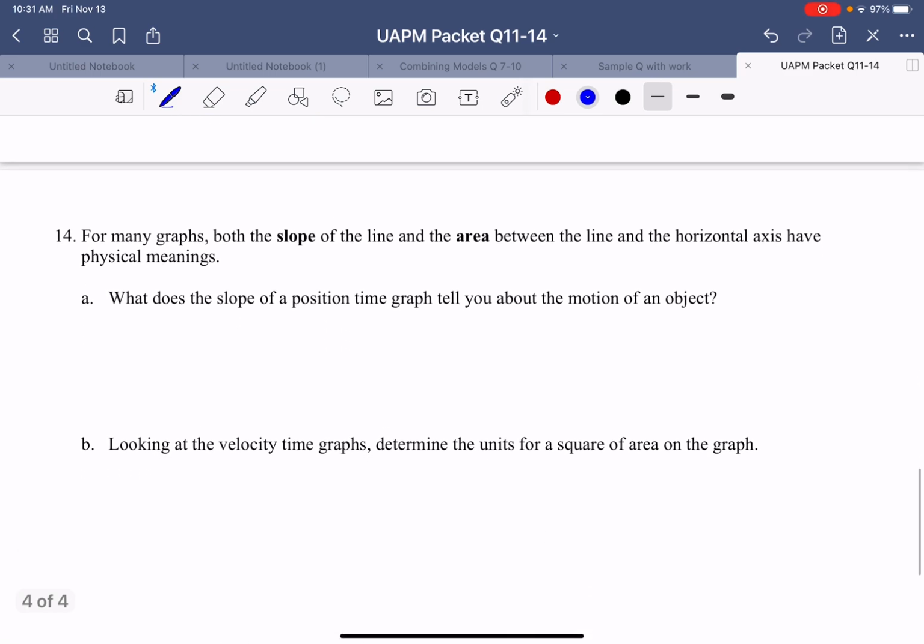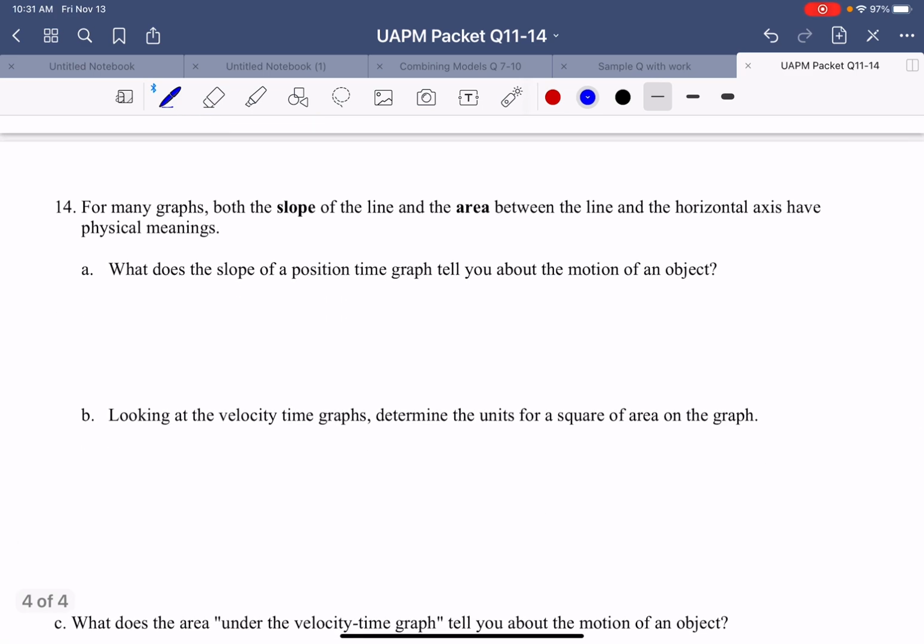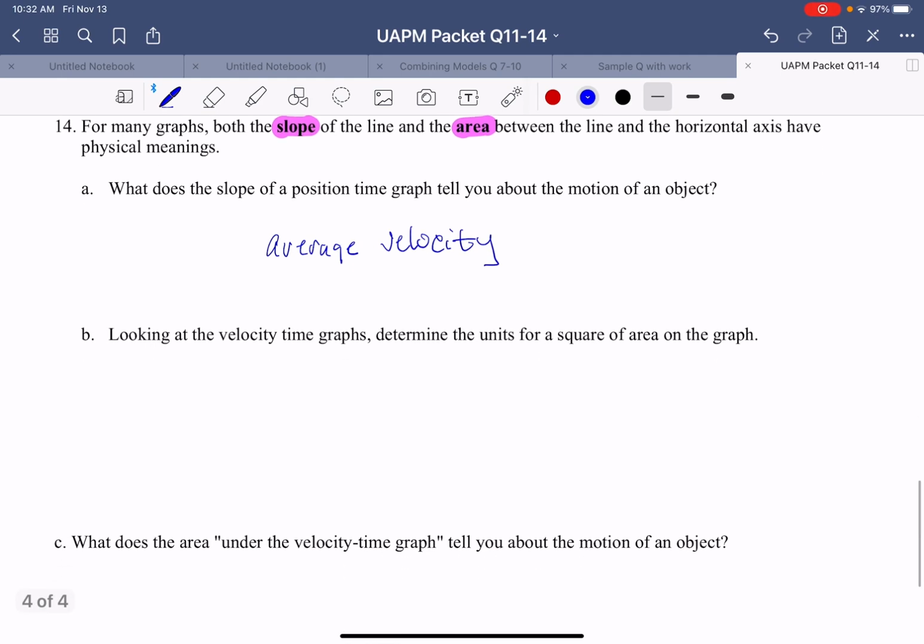All right, the last question, question 14, really important. Both the slope and the area of graphs have physical meanings. The slope of a position time graph, I said that lots of times, I hope that's in your brain, tells you the average velocity. For the velocity time graph, it says determine the units for a square.